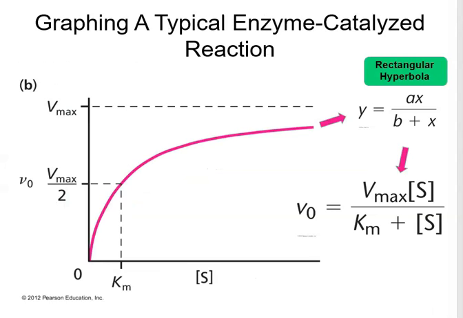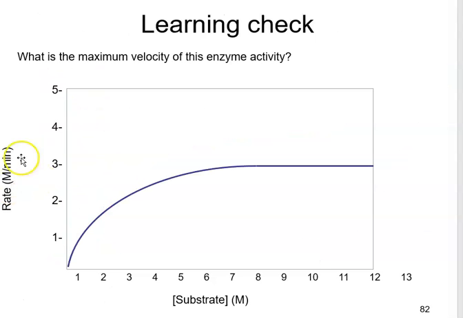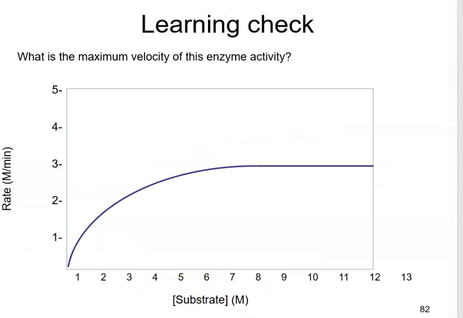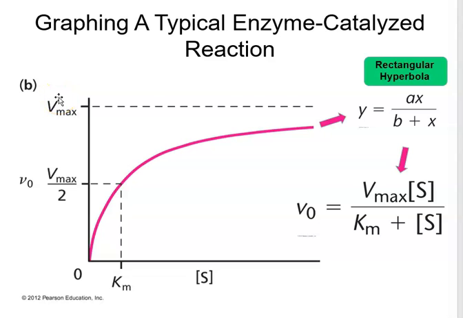We can graph these out, and there are some important things to identify when we're graphing the rate, or the initial velocity, versus the concentration of the substrate. What we notice is that the line created when we do these chemical analyses is actually a rectangular hyperbola.